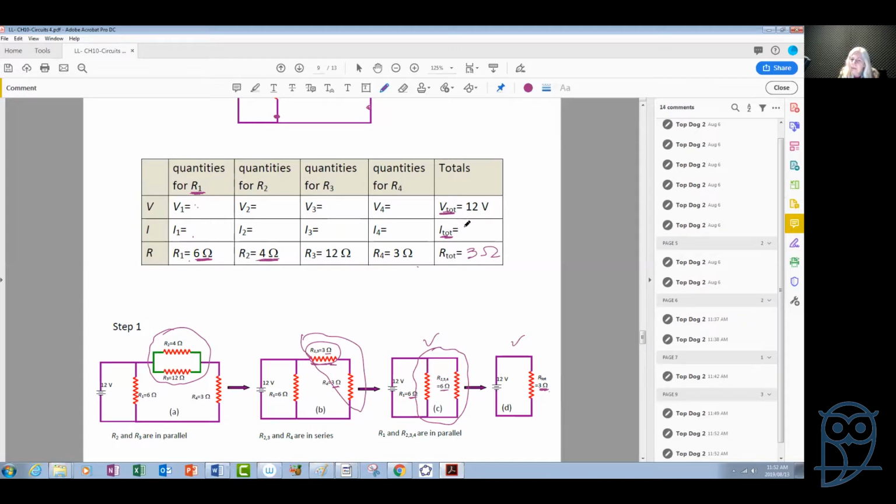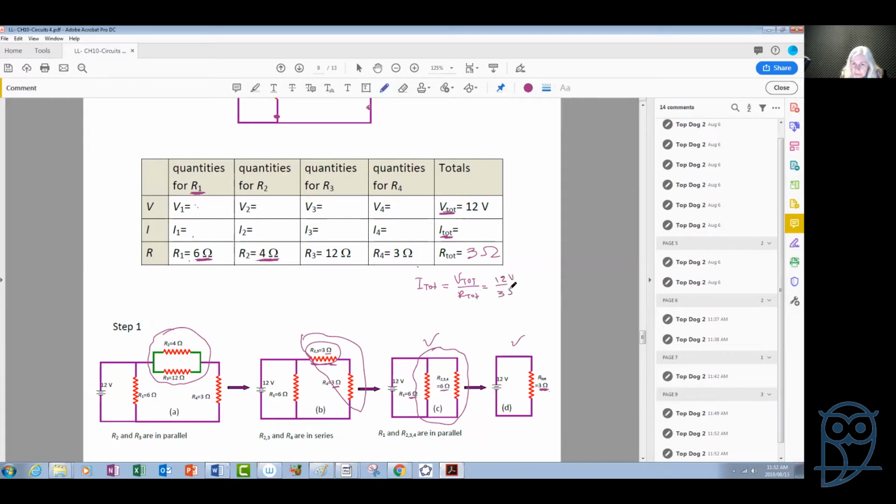And now look at this. We have two values out of three in this column. So we can find the third one by applying Ohm's law. I total is V total divided by R total, which is 12 divided by 3.